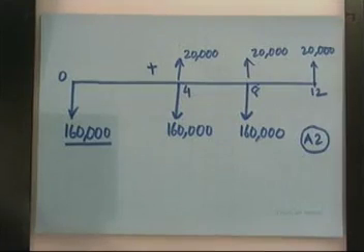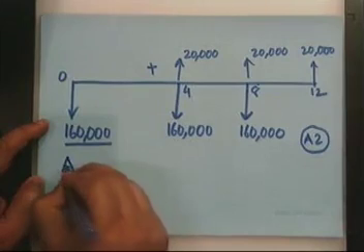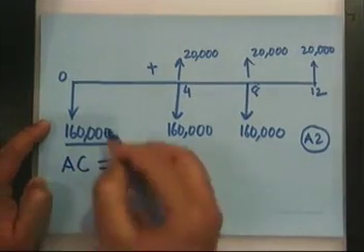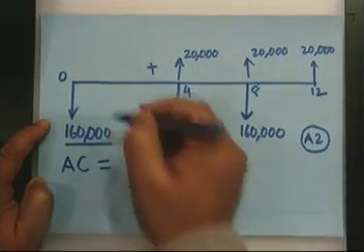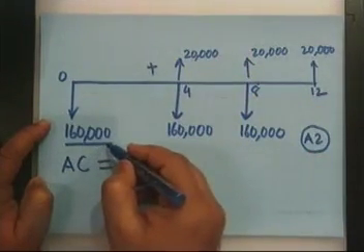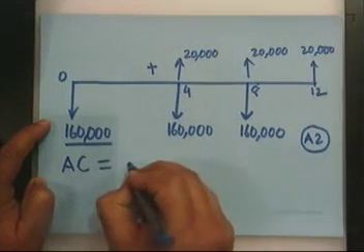Now, for this alternative I have to calculate the annual cost. So, how do I calculate the annual cost for this? It would be like this: annual cost, I write it like AC is equal to, first of all I have to convert this 160,000 for 12 years. So, I am given P, I am interested in finding A. So, what do I do?